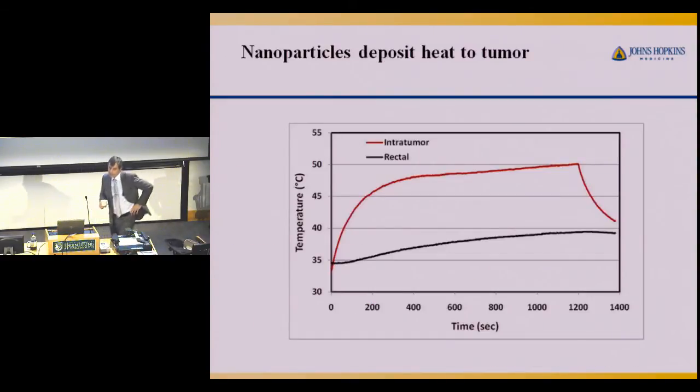So if we take particles, in this case the JHU particles, and inject them into a tumor, in this case DU-145, which is a human prostate cancer cell line that we implanted into a male nude mouse, grew the tumor, and we inserted a temperature probe into the tumor.